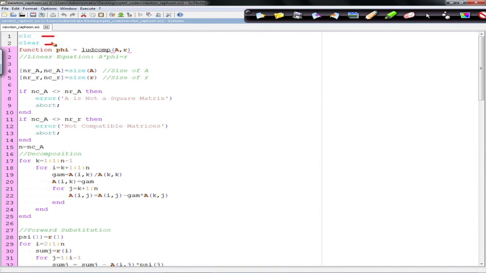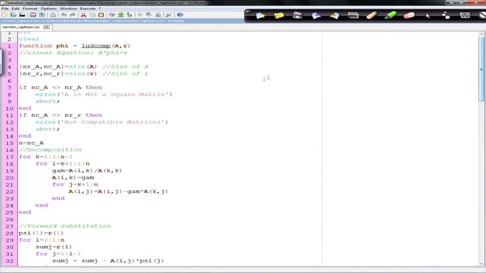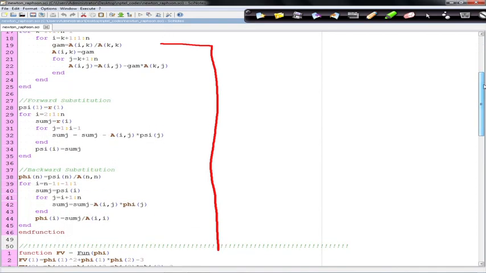Whatever LU decomposition code we have written using Scilab, I will be directly utilizing for this particular step. Starting from this one up to this we have LU decomposition. Now, this is forward substitution, then backward substitution, and this is the end function.